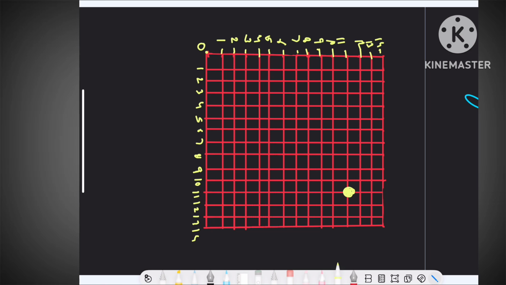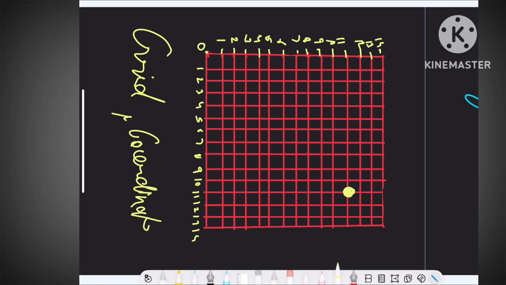Understood? So this is the geographic grid, or simply as we can say, grid. And this is also called the coordinate system. Understood?